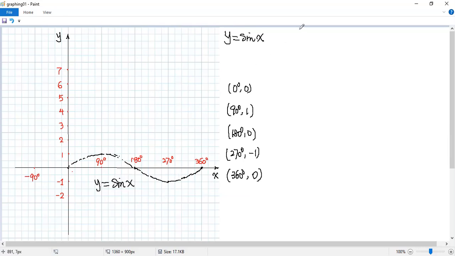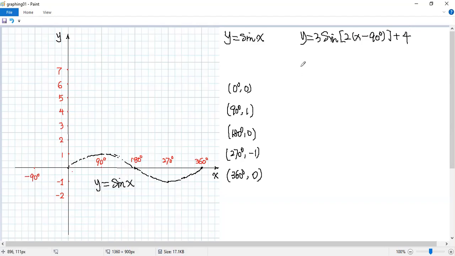Now let's see how to graph sinusoidal functions based on sine x. Say y equals 3 sine bracket 2x minus 90 degree bracket plus 4.